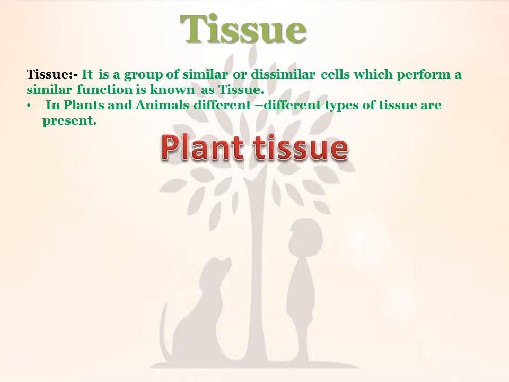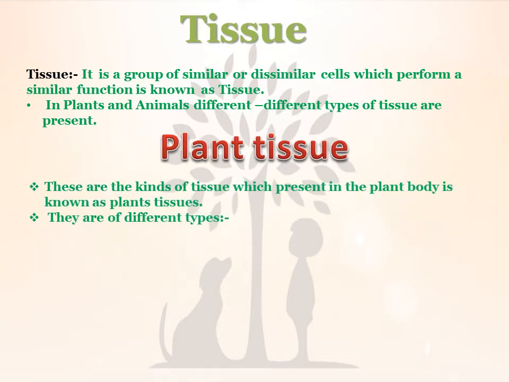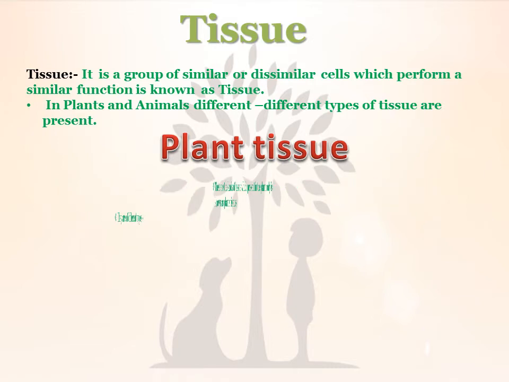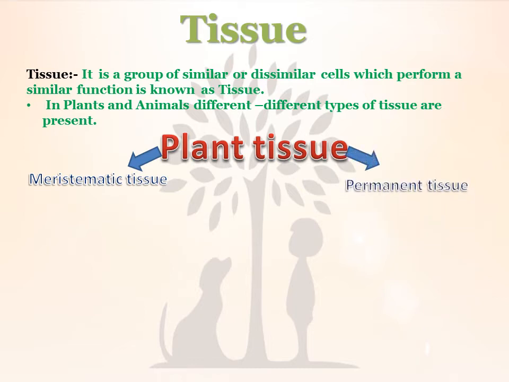So students, first of all we discuss plant tissue. The kinds of tissue present in the plant body are known as plant tissue. They are of different types, which we discuss here. The first type of plant tissue is meristematic tissue and the other type is permanent tissue.